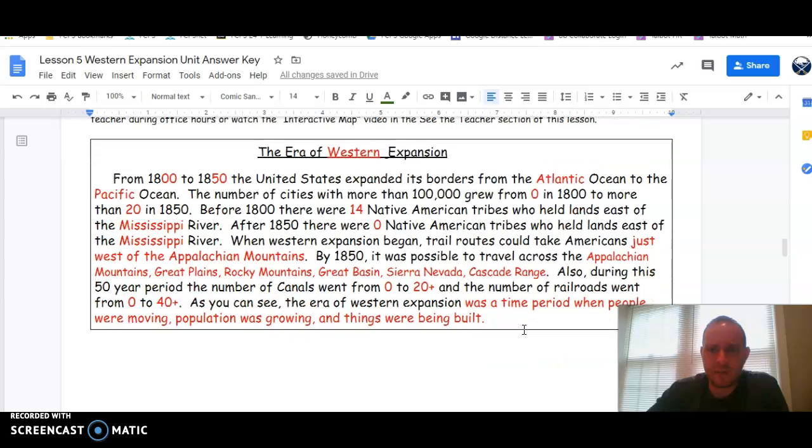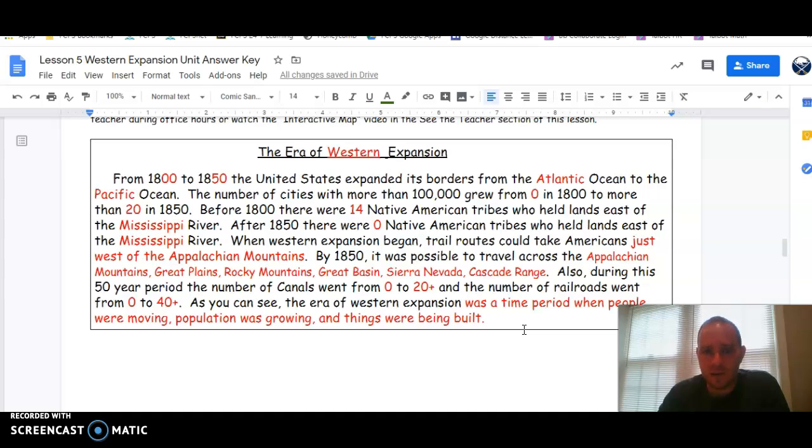If you were writing your fill-in-the-blank paragraph, this is how it should have come out. From 1800 to 1850, the United States expanded its borders from the Atlantic Ocean to the Pacific Ocean. The number of cities with more than 100,000 people grew from 0 in 1800 to more than 20 in 1850. Before 1800, there were 14 Native American tribes who held lands east of the Mississippi River. After 1850, there were 0. When Western expansion began, trail routes could take Americans just west of the Appalachian Mountains.